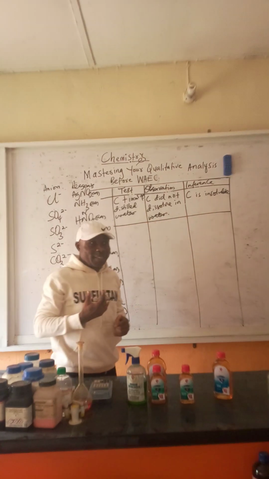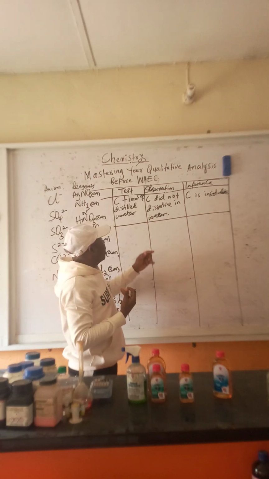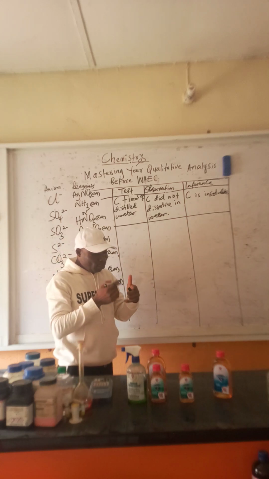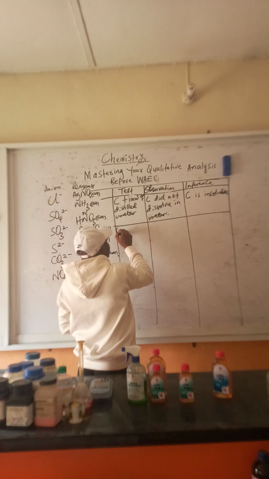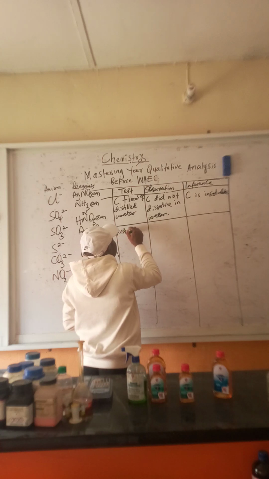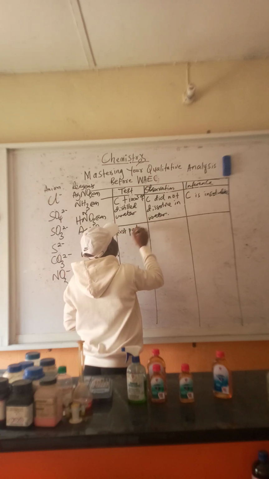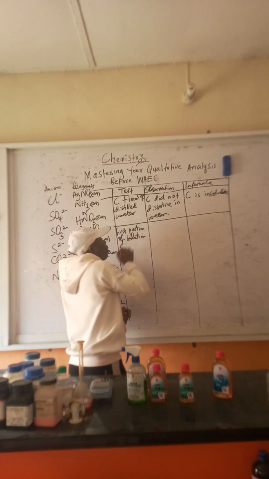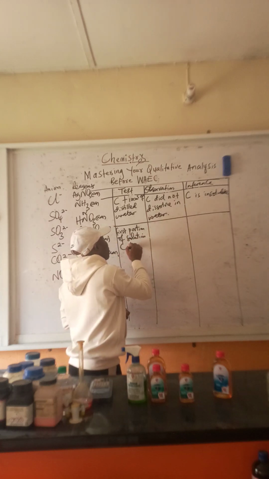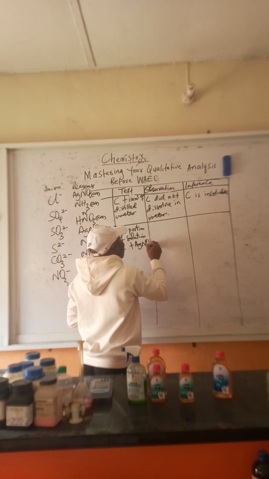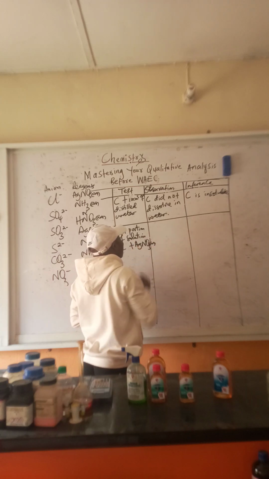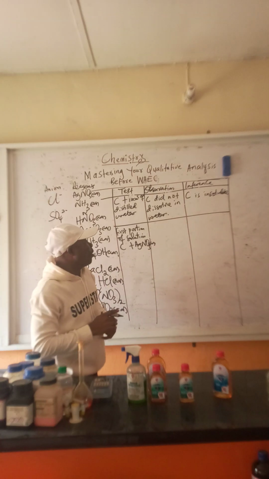Now, you could be asked to divide solution C into 3 portions. Now, you can say first portion of solution C plus AgNO3 solution.